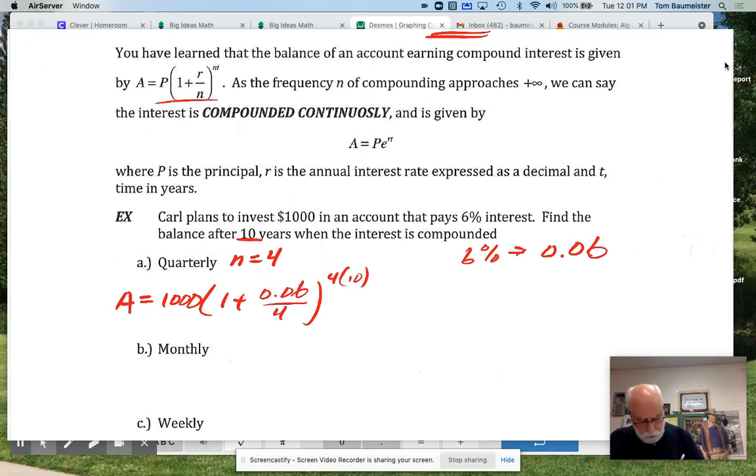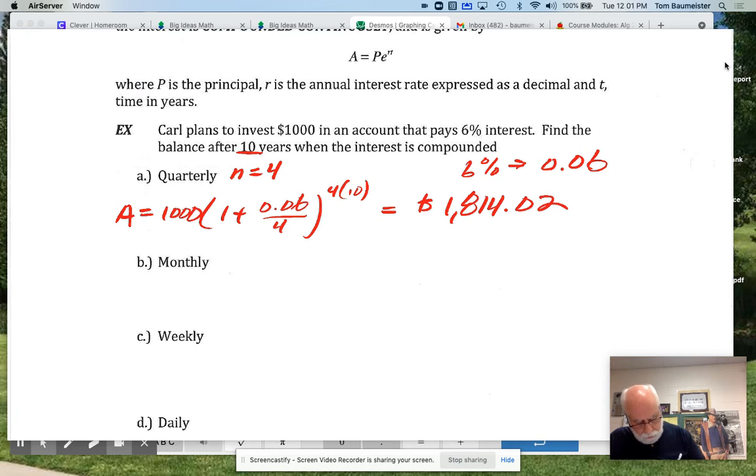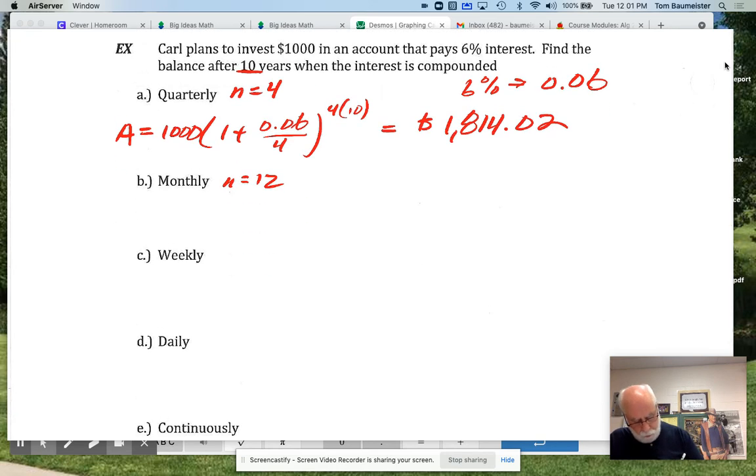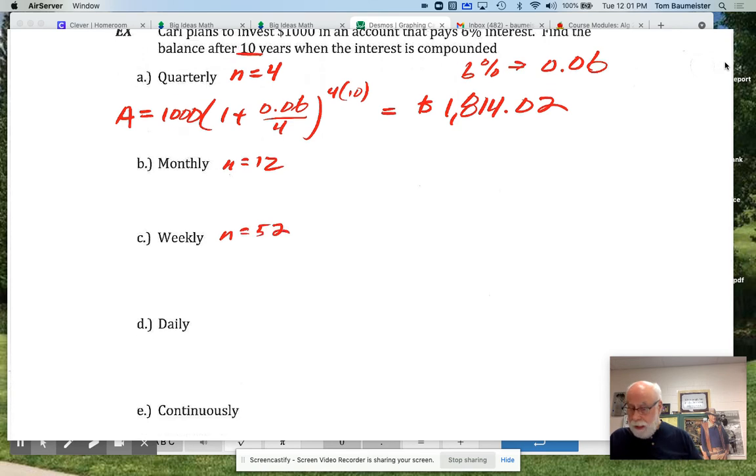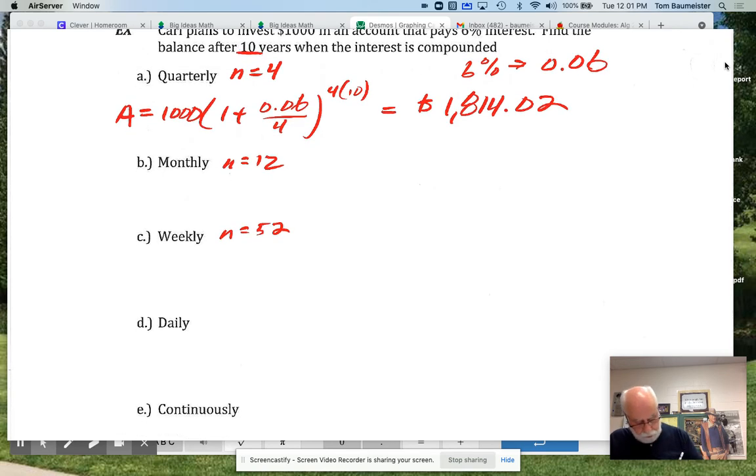And if we work that out, we'll get $1,814.02. Monthly, your n would equal 12. Weekly, your n would equal 52. And daily, well, there are 365 days in a year.